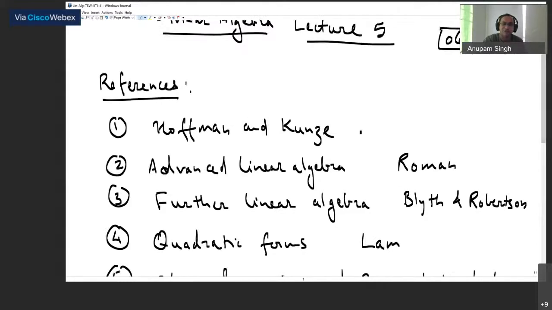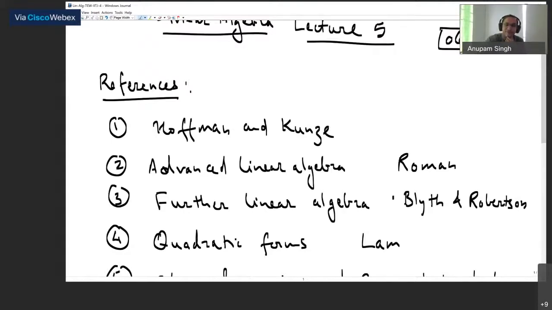Of course there is the standard textbook Hoffman and Kunze, which has all this kind of material, but not done in as great generality as I have been talking about, like working for an arbitrary field. Usually it works with real or complex after a while.